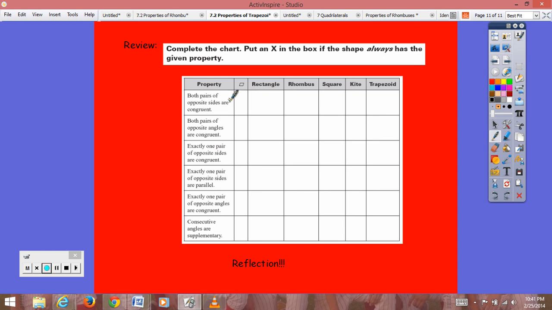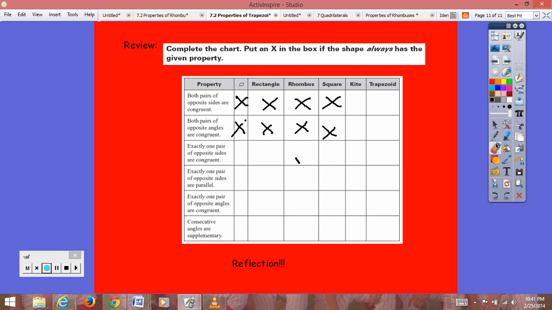So first property, both pairs of opposite sides are congruent. That applies to parallelogram. And since rectangles, rhombuses, and squares are all parallelograms, it applies to them as well. Both pairs of opposite angles are congruent. That applies to parallelograms, and so that follows that rectangles, rhombuses, and squares have this property.